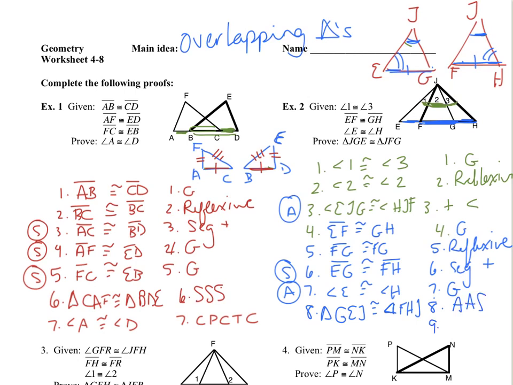Then number 9. Oh wait, I'm done. I don't have a number 9. So if I want to go back, I have this triangle. I was just trying to prove the triangle was congruent. So I am actually done.